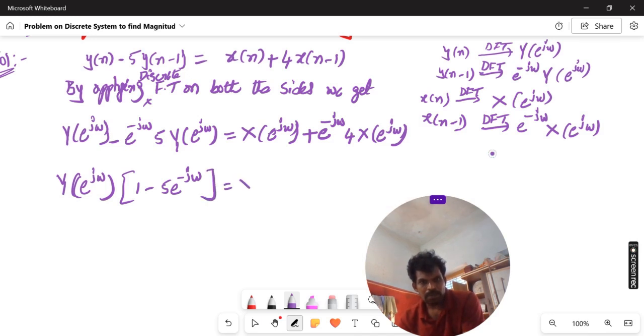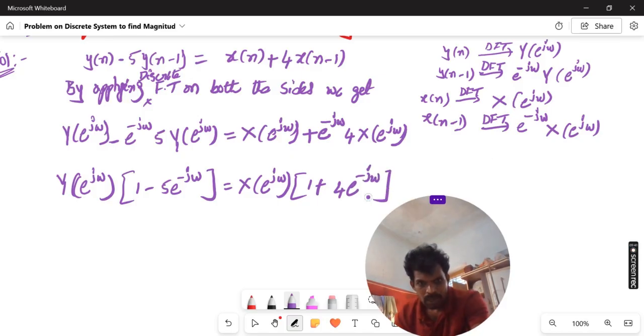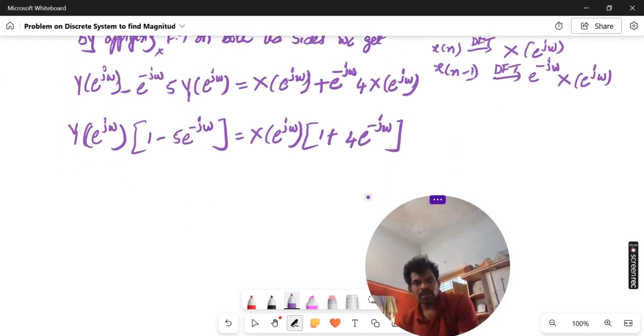On the RHS side, let us take common X of e power j omega. By taking X of e power j omega common at the RHS side, 1 plus 4 into e power minus j omega. We know that e power minus j omega is given by Euler's identity, which we write as cos omega minus j sin omega.